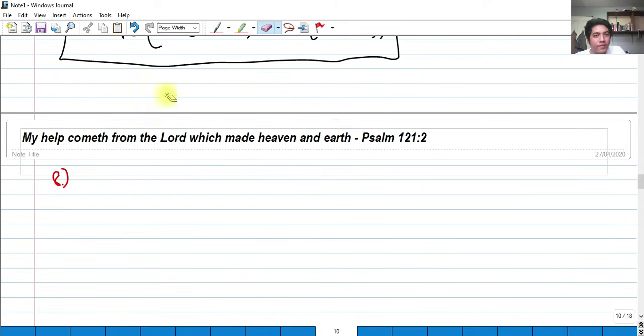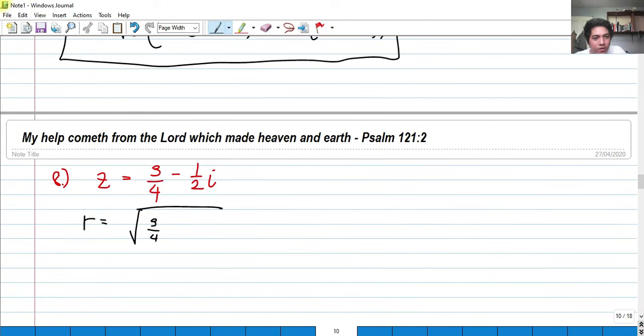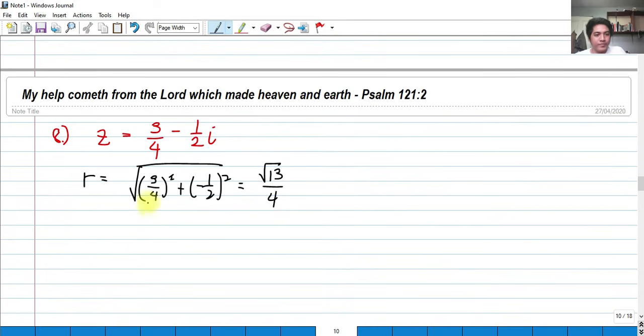Okay, so we have z equal to 3/4 minus 1 half i. So get the polar form of that. Our r is the square root of 3/4 squared plus negative 1 half squared, and that is equal to square root of 13 over 4.